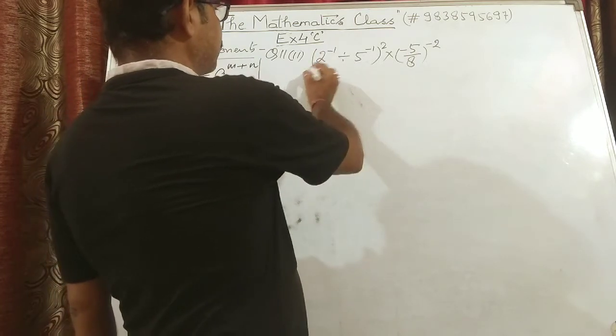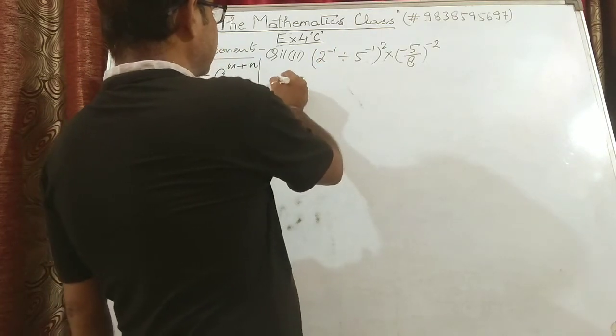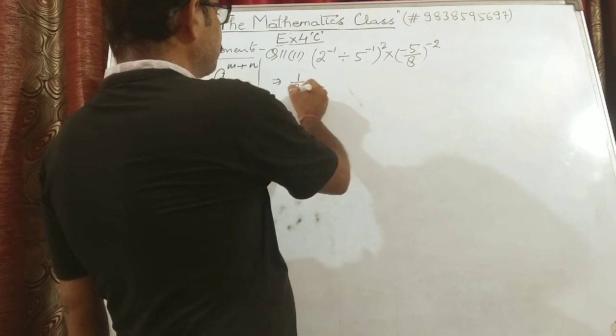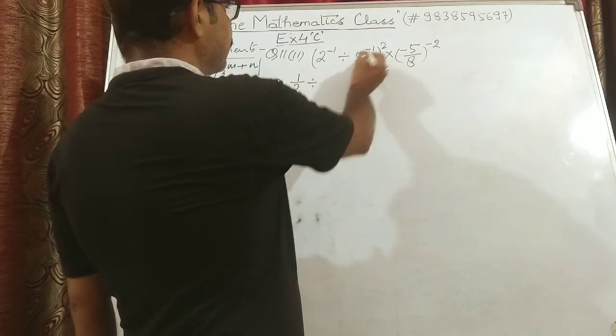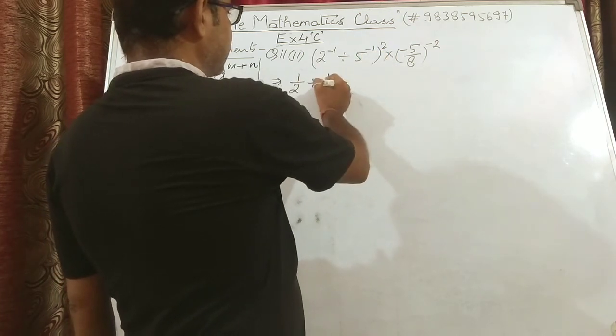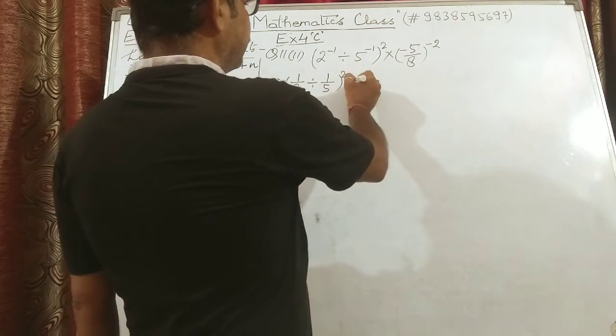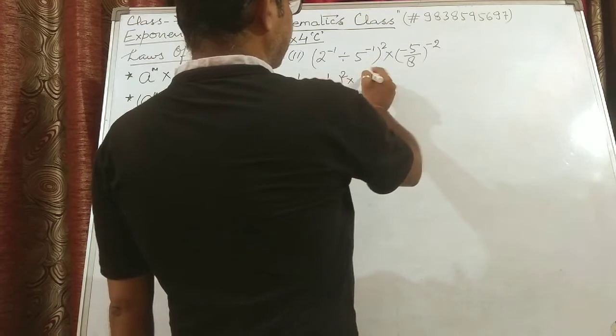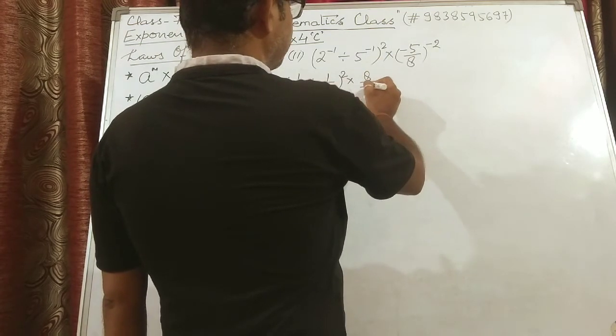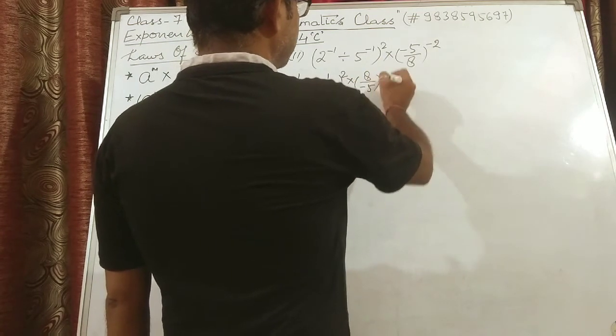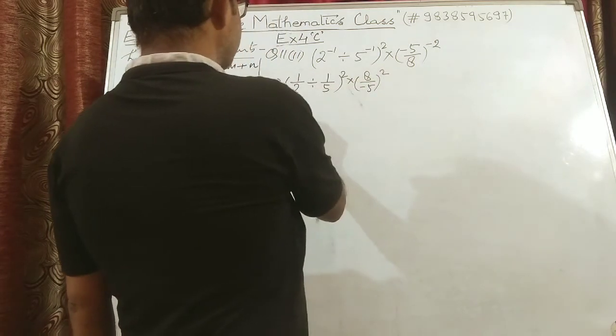So this can be written as 2 to the power minus 1 can be written as 1 upon 2. Then the division sign. 5 to the power minus 1 can be written as 1 upon 5, to the power 2, into minus 5 upon 8 can be written as 8 upon minus 5, to the power 2. Now we will solve it.